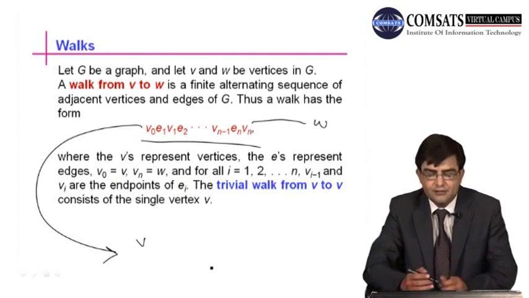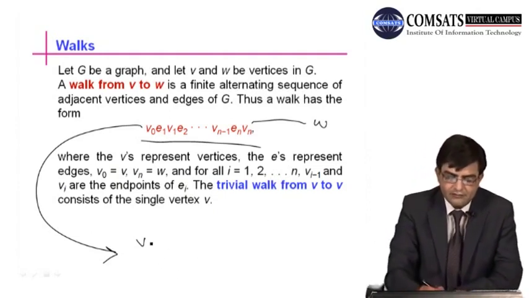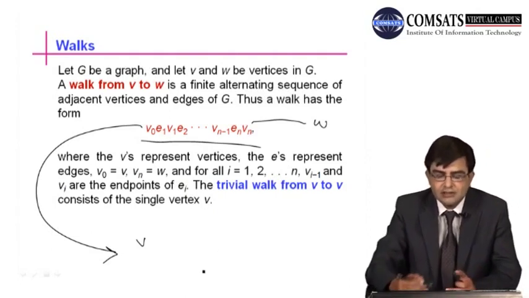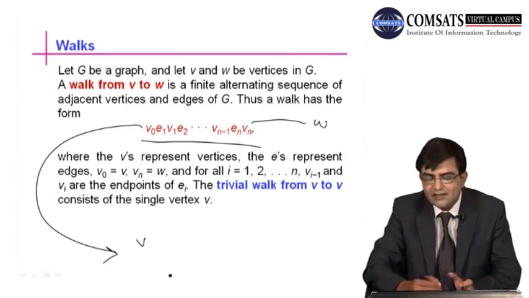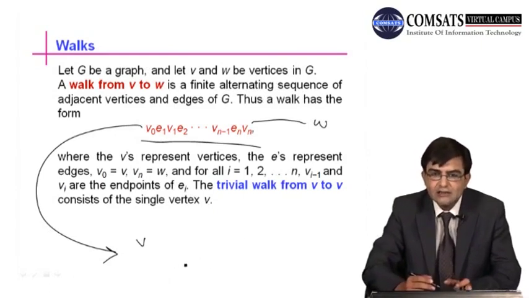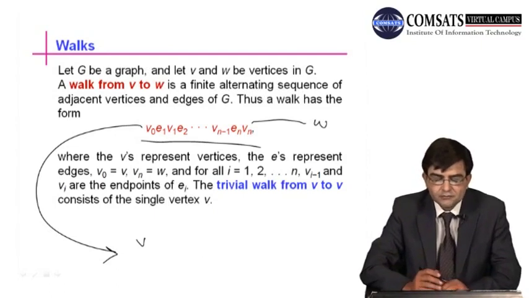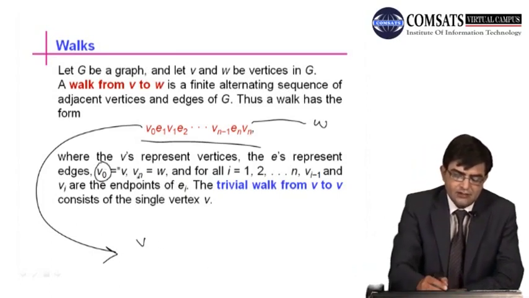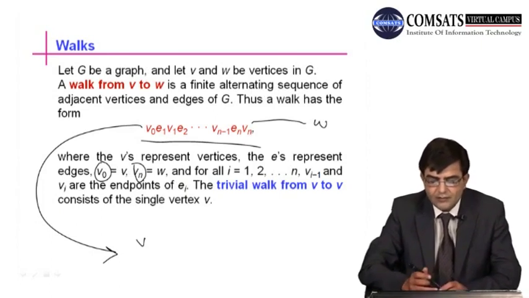So if we have to travel from v to w, then first we write v, then an edge which is adjacent to v, and then a vertex which is adjacent to e1. So a general walk has the form v0, e1, v1, e2, and so on, vn minus 1, en, and vn, where the v's represent the vertices and the e's represent the edges. Here v0 is v and vn is w.